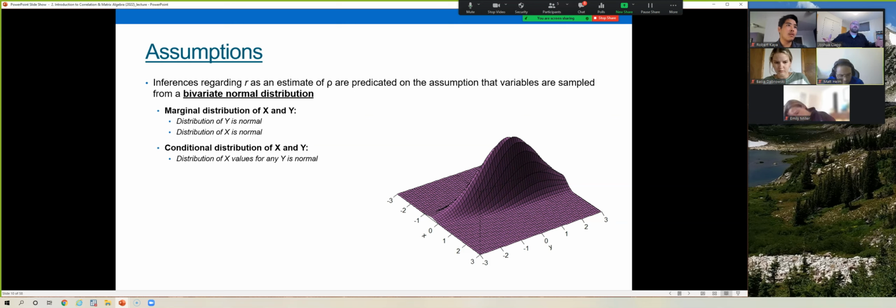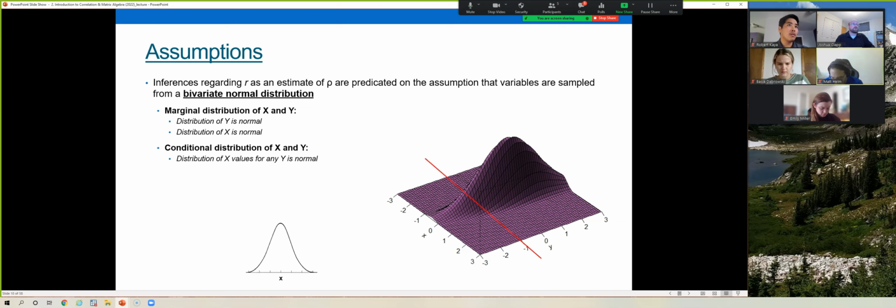But also what I need to see is that for any specific value of y, say, I'm not going to look at the whole sample. I'm only going to look at cases with a y value of 5. If I were to plot out the distribution of x for all cases with a y value of 5, I would still see that those x's are normally distributed.